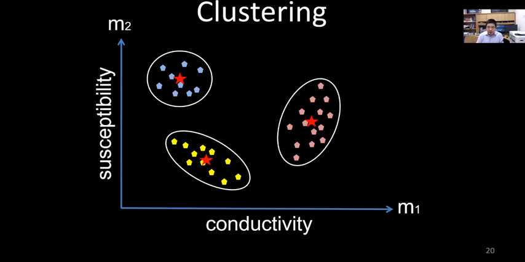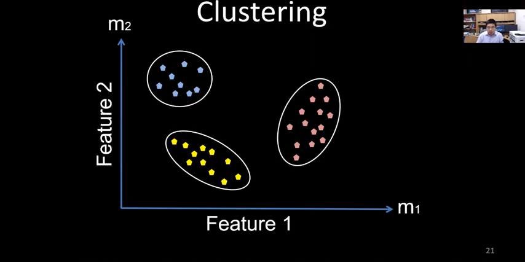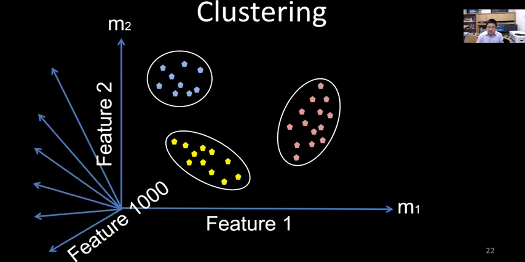In general, that will be your feature 1 and feature 2, whatever they correspond to. And also here I'm using a 2-dimensional cross plot as an example for illustration purposes, but you can have as many features as needed. For example, if you have 1,000 features, then we're talking about clustering in a 1,000 dimensional space.